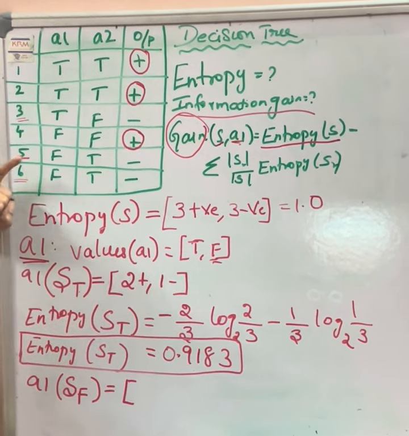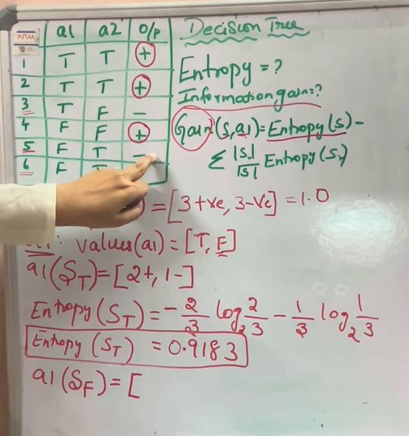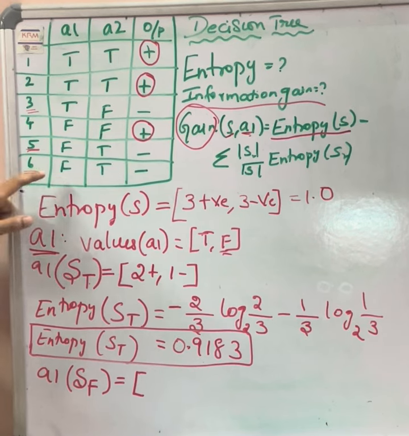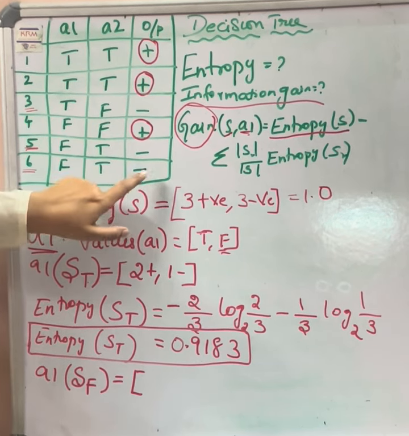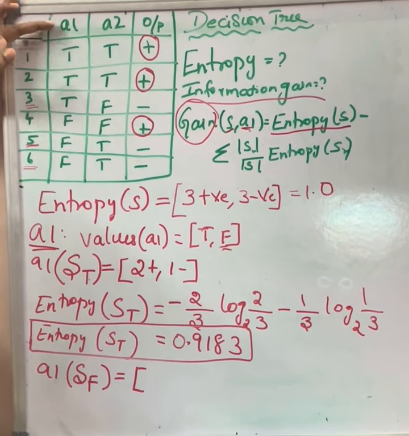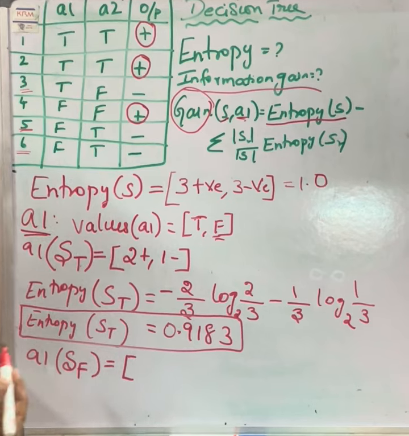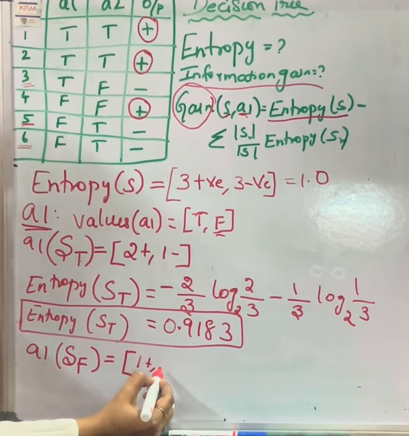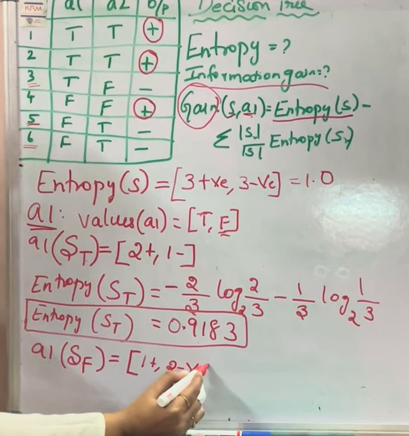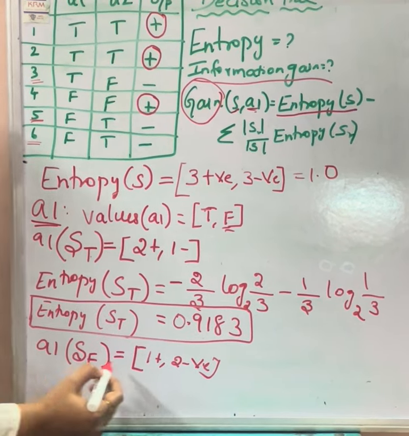So 1 positive, and in the fifth sample I have false in A1 which is negatively contributing, and in the sixth also I have false in A1 which is negatively contributing. So from the false value in A1, 1 is positively contributing and 2 are negatively contributing. So 1 positive and 2 negative contributions are there in SF.